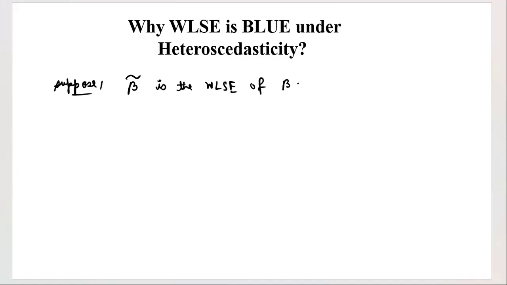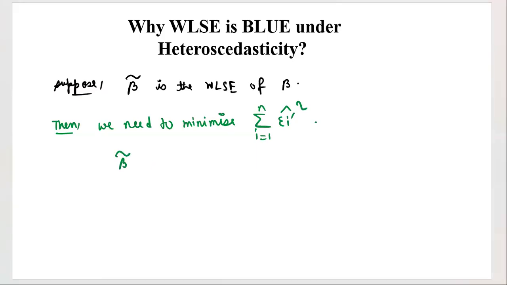Now what we do, then, we need to minimize the error sum of squares, which is epsilon i prime cap square, right? If you do that, the structure of the beta curl will remain the same. There will be no change in the structure, only the values will be weighted now.